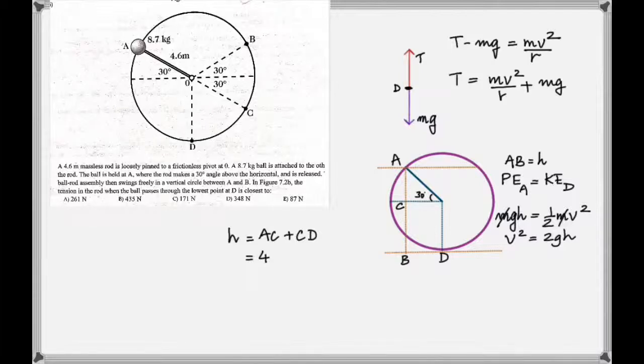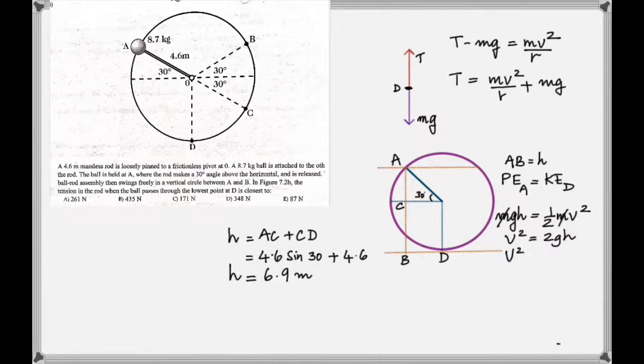And AC from this right triangle is 4.6 sine 30. Why? Because this is the hypotenuse and this becomes the opposite side, so it's sine. So it's 4.6 sine 30 plus CB, which is 4.6.